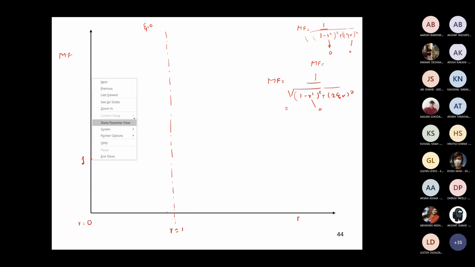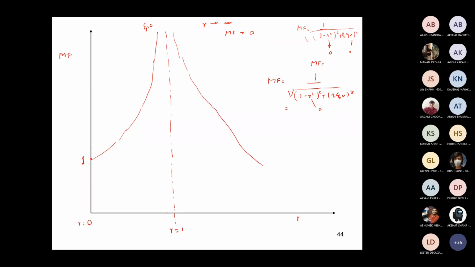Infinity. So this graph goes to infinity. And when r tends to infinity, what happens to the magnification factor? It will tend to 0. So all the graphs, as r tends to infinity, go to 0.